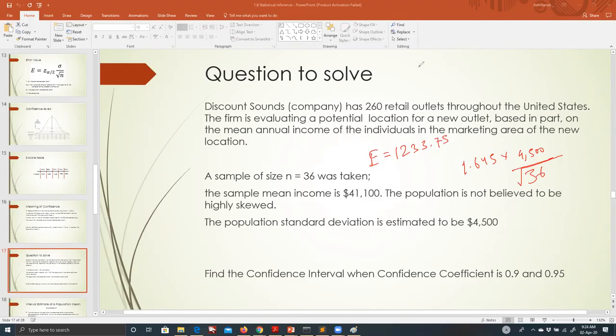So the interval estimate in case of 90%, first you take 41,100 plus minus 1233.75.